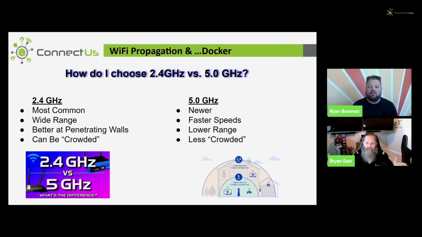So when you're deciding which one should I use, it's going to be situationally based. A lot of times companies will set out both, right? They'll have a 2.4 and a 5 gigahertz, and sometimes they'll push them out on the exact same network, and that's perfectly fine.